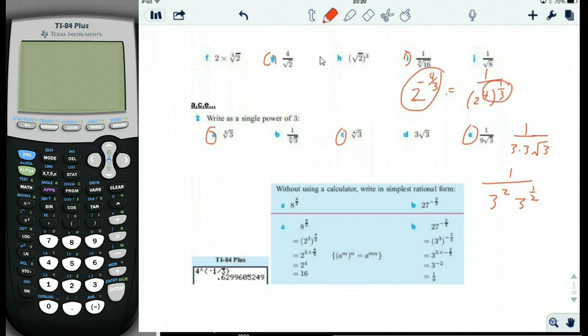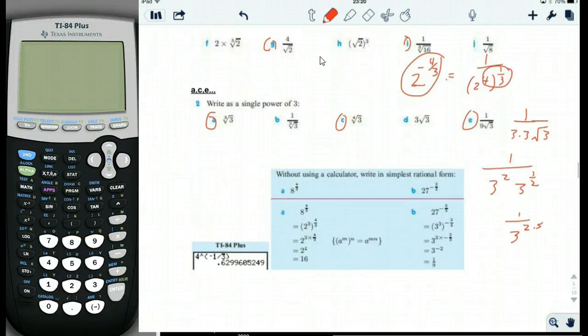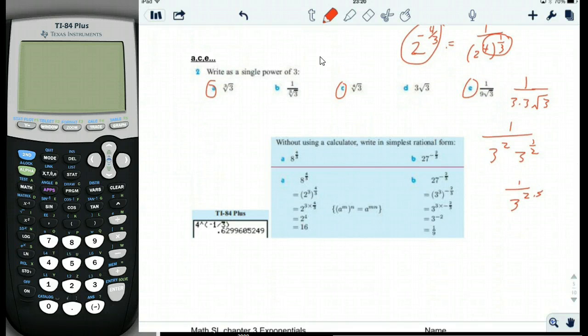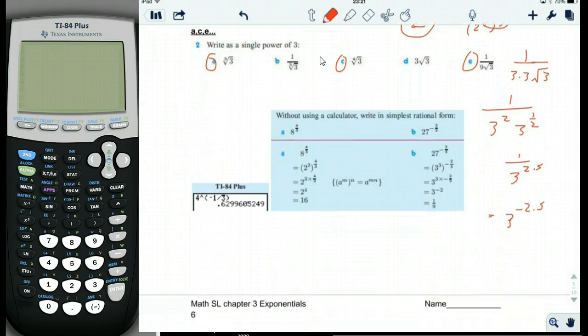If you have 3 squared times 3 to the 1/2, you can add the exponents together, and you get 1 over 3 to the 2.5. Since it's an inverse, you could invert that and have 3 to the negative 2.5. Okay?